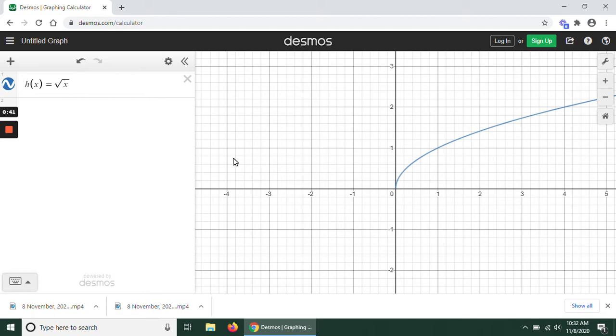Now I am going to add a negative number to this function, and see what happens.